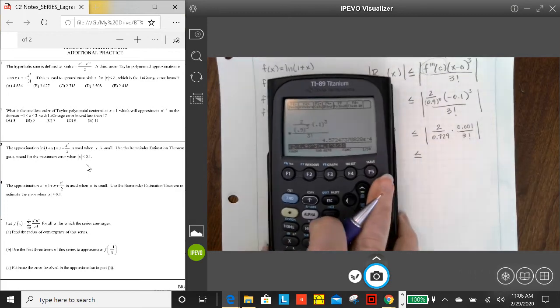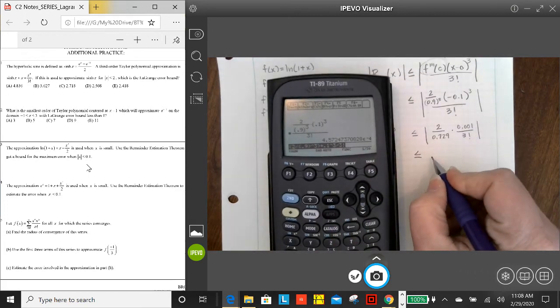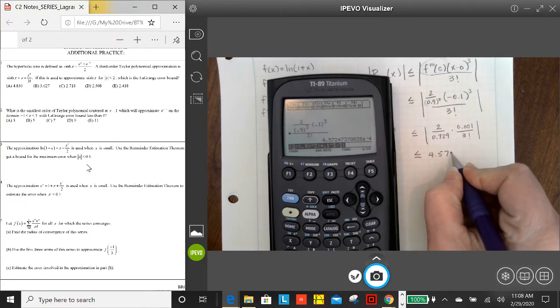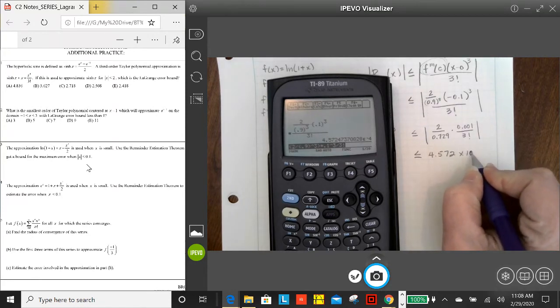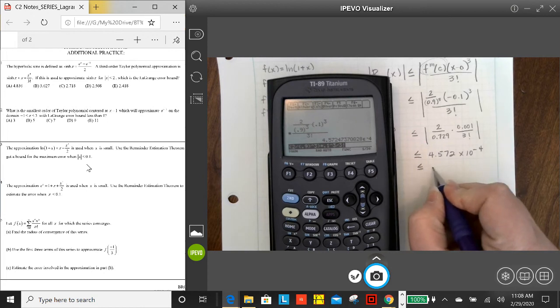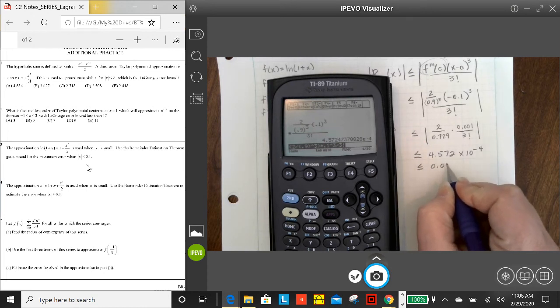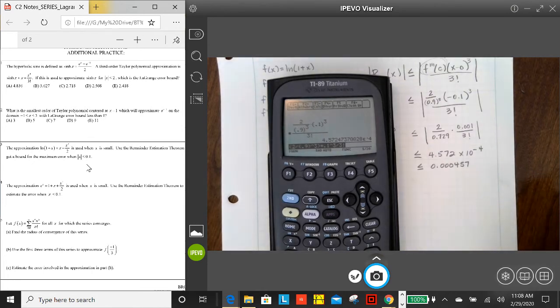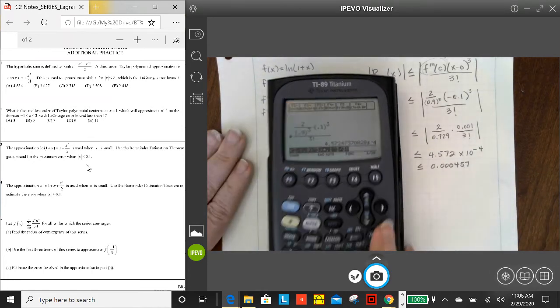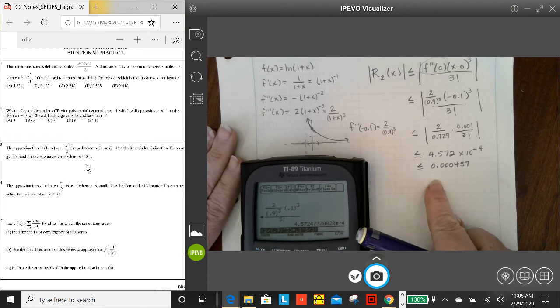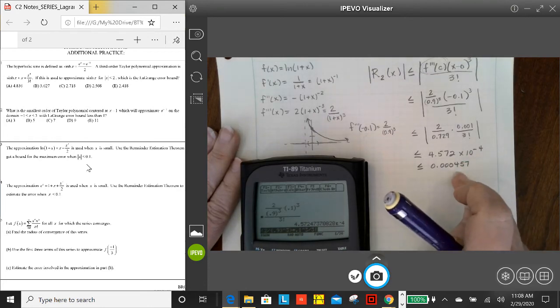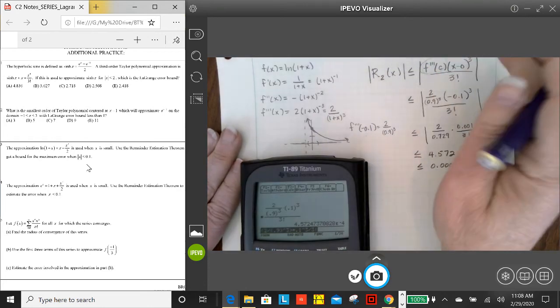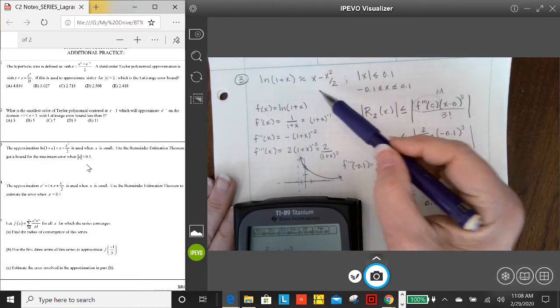That's going to be less than or equal to 4.572 times 10 to the negative fourth, or if we put it in a decimal, 0.000457. Okay, so that's the Lagrange error bound. That's the upper bound of the error if I use only these two terms.